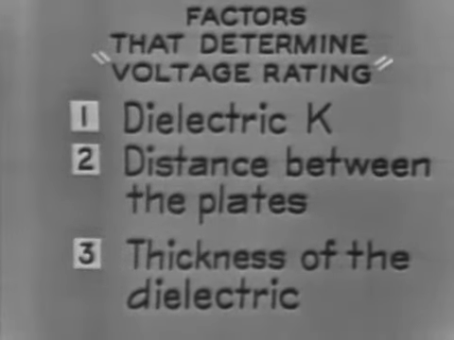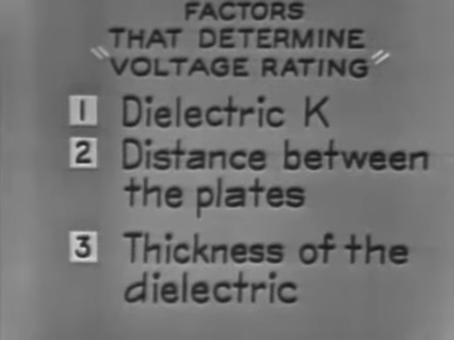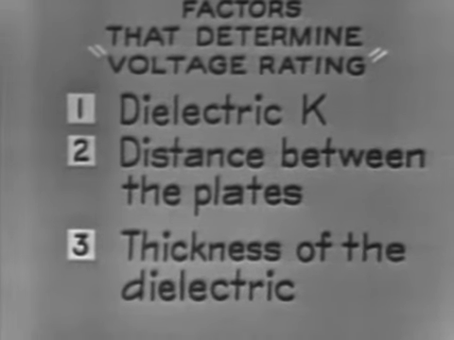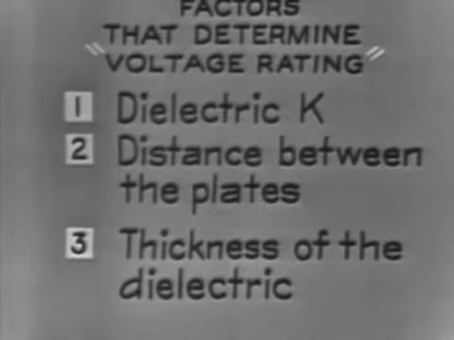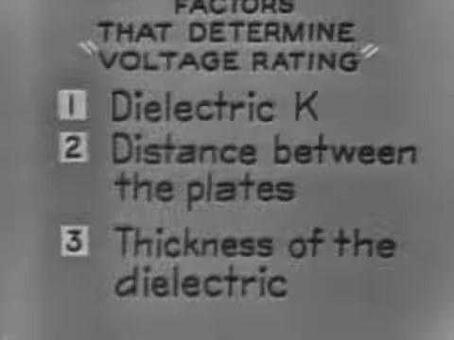Now, the three factors which determine the voltage rating of a capacitor are the dielectric K, the distance between plates, and finally, the thickness of the dielectric. When an electrical charge is built up between two bodies, like the plates of a capacitor, there's a tendency for a current to arc between the two bodies.